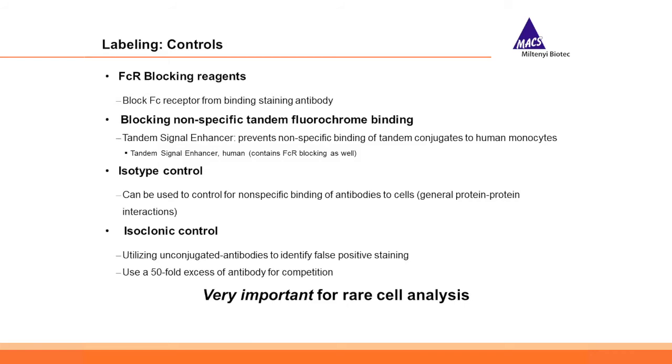Maybe the fluorochrome is sticky, for example. So that means that in your staining sample, the signal that you get there is probably not specific. So this is just another very good control, in my opinion, to check the background and the specificity of your staining. And all of these 4 controls are very important for cell analysis. You really need them for these kinds of things that you do.